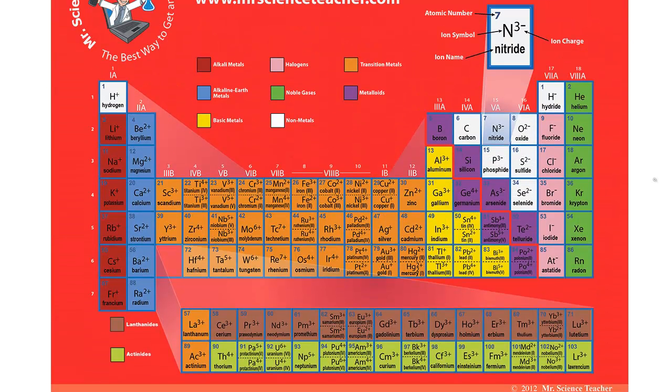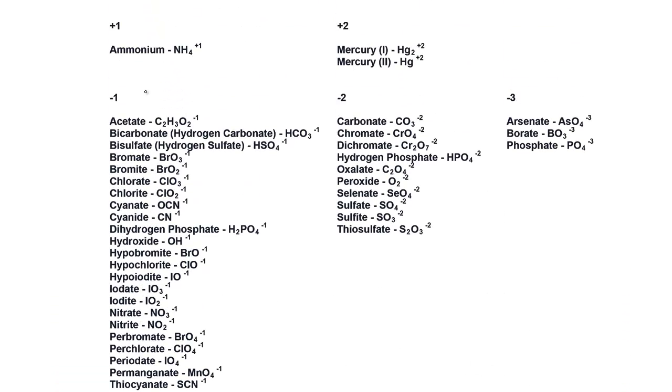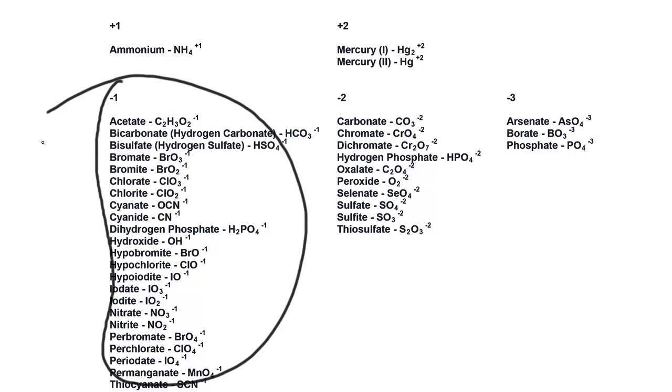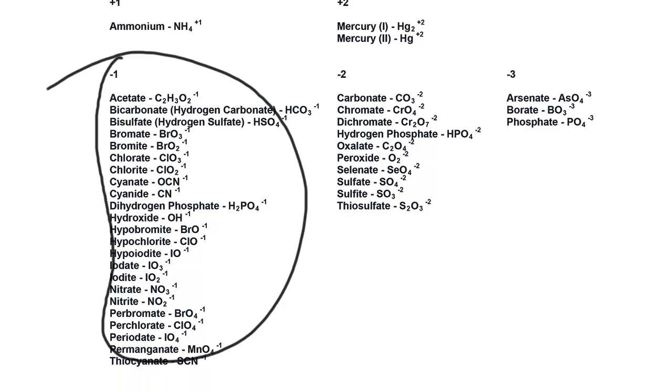We're going to go to our periodic table of ions and pick any of these +1s, and match it with any of these -1s. Any one of them. It doesn't matter which one you want to pick. And we're just going to slap them together. That's all it is. So let's go.